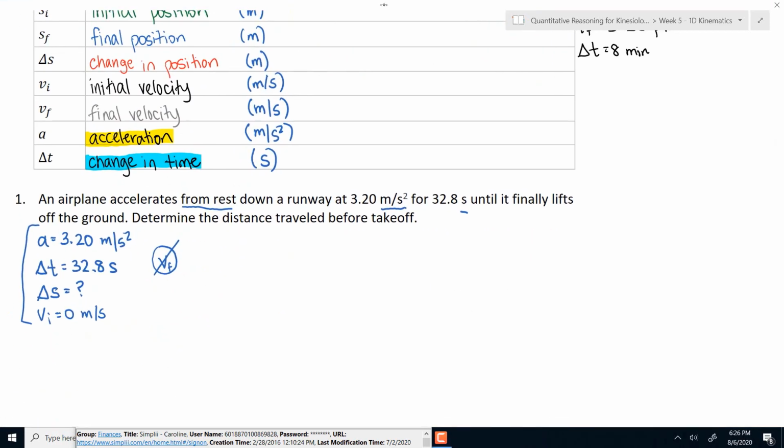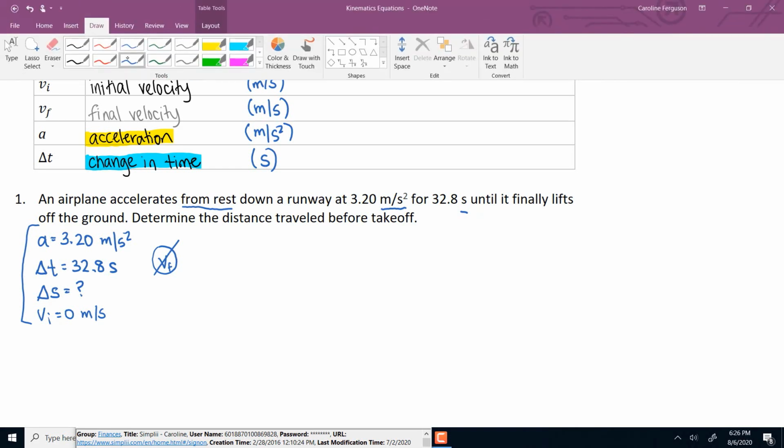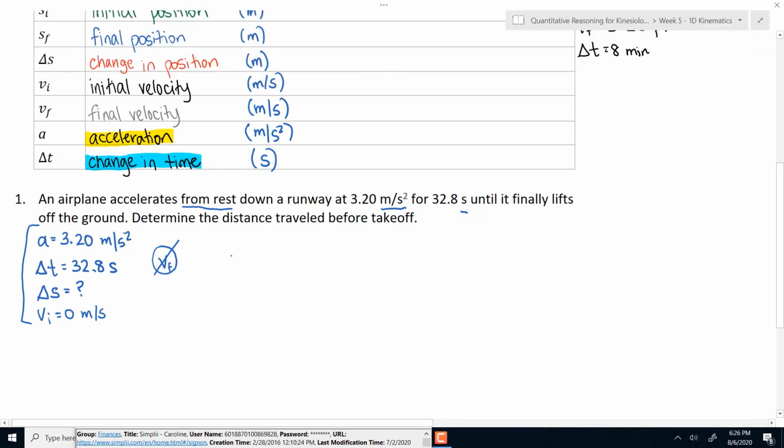It looks like delta S equals V initial delta T plus 1/2 A delta T squared. All right, delta S is what we're looking for, so it's great. It's already isolated on the left side, so we don't need to rearrange this equation at all.